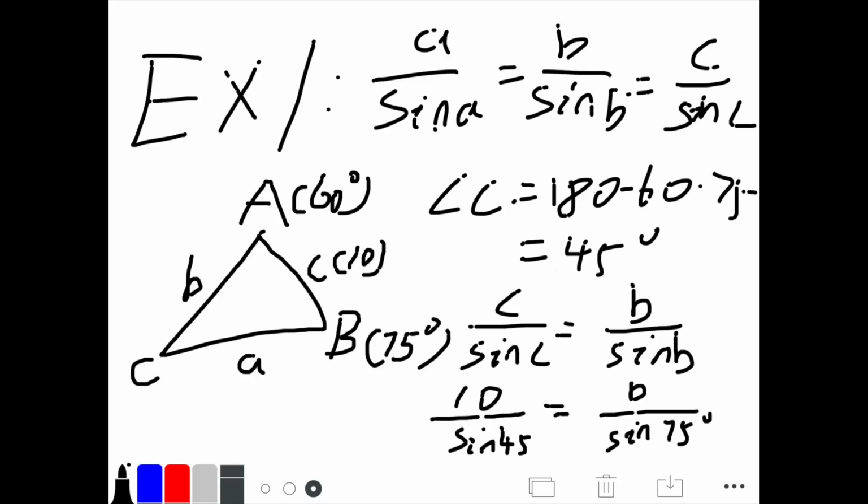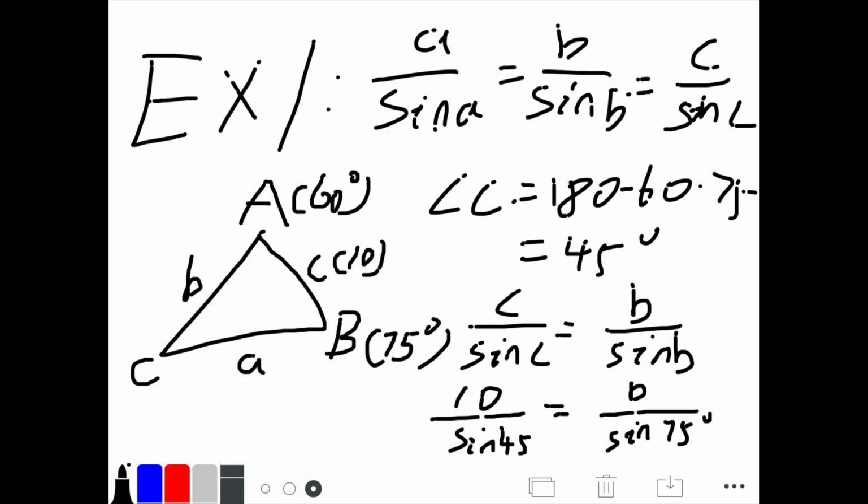Now we have the side c and the angle C, so we can use this information to get the rest of the angles and sides. So we plug angle C and c into the formula, and we can get b.